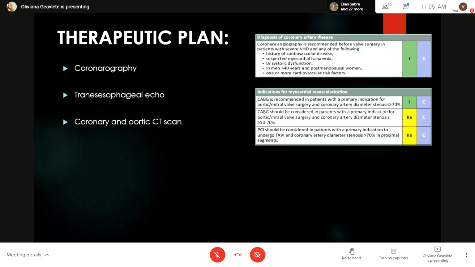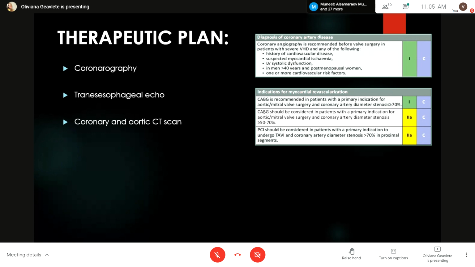Besides coronary angiography and transesophageal echo, we have the possibility of doing the aortic CT scan, which can provide us with some wonderful information and 3D reconstruction of the aorta's diameters, in order to choose the proper biological prosthesis when we talk about TAVI.